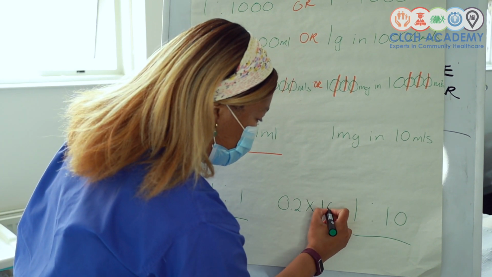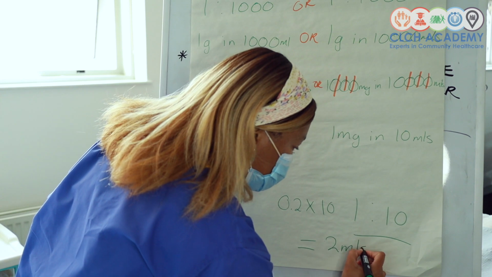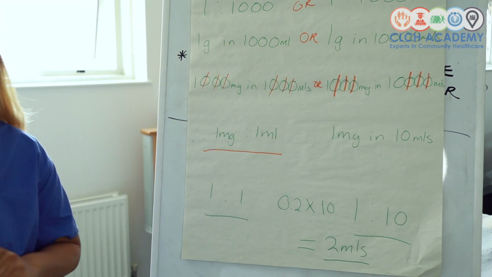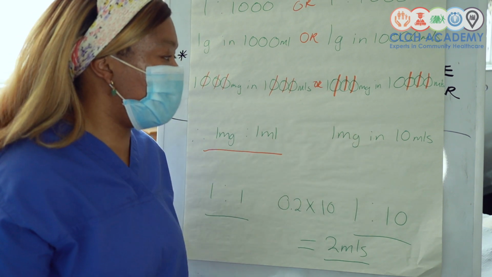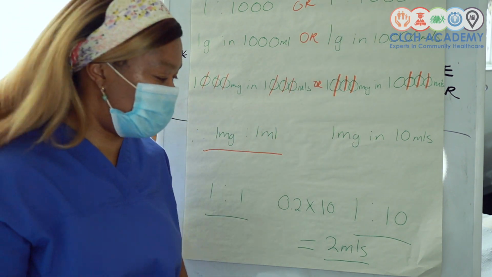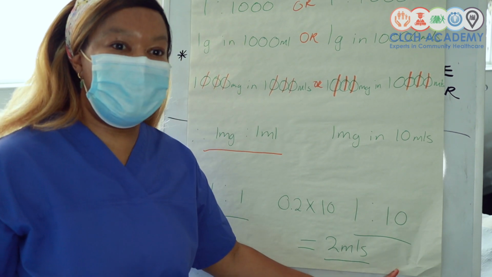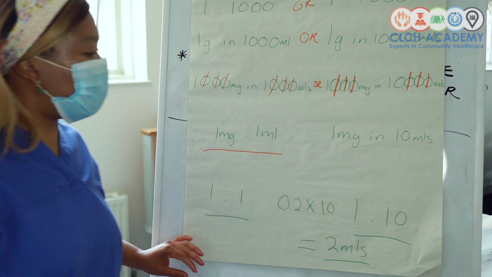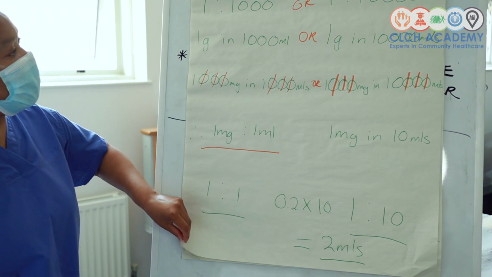Times 10, that means whatever you would be giving to the patient in terms of volume would be 2 mils, because it's a 1:10 ratio. So for any question relating to the 1 in 10,000 strength, it's always the question multiplied by 10, giving you the answer. So that essentially summarizes what we're looking at for ratio solutions.